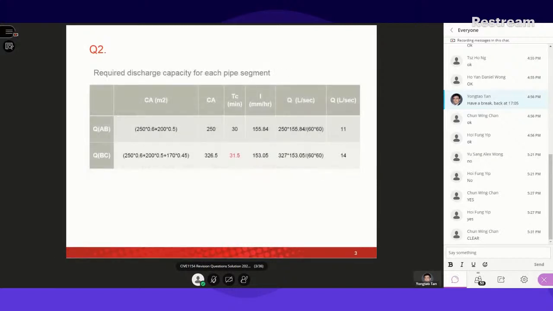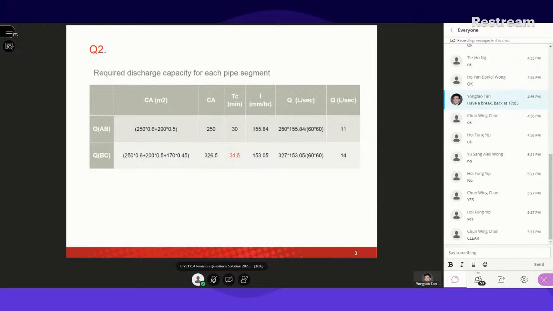Okay, good. Now next we need to determine the pipe, the required discharge capacity for each pipe segment. Now for the pipe AB, the equivalent impervious area is this one, from subcatchment 1 and subcatchment 2.